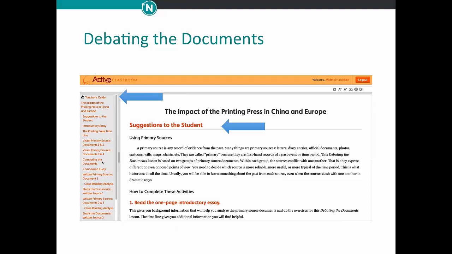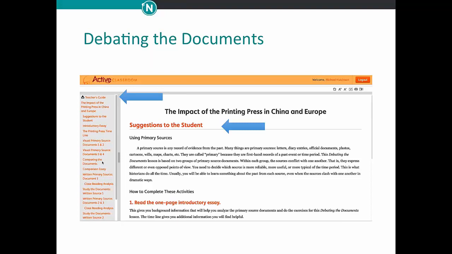It gives basic background about these two groups of sources, and the sources conflict with one another. In other words, some of the sources promote one viewpoint, while others promote an entirely different viewpoint.